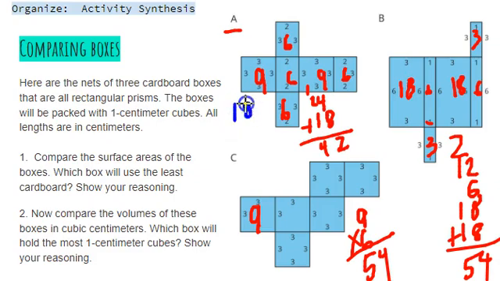So this one's got a volume of 18 cubic centimeters. Here I've got 3 times 6 times 1, 18 cubic centimeters. 3 times 3 times 3 is 27 cubic centimeters. So even though these two have the same surface area, this one can hold more.